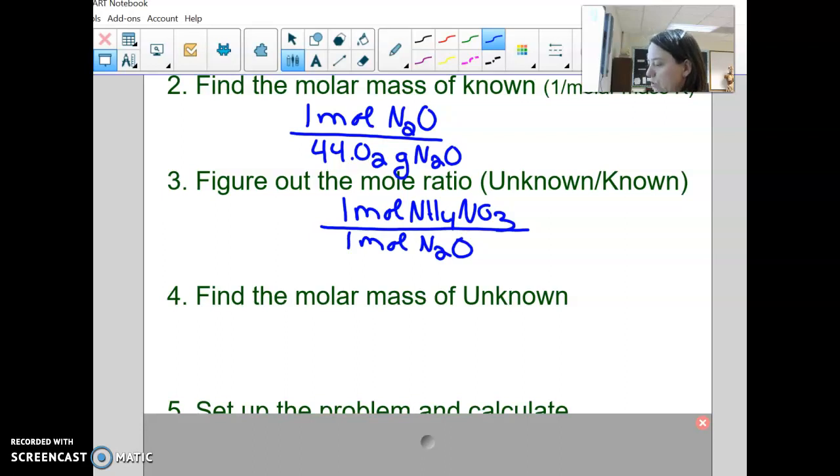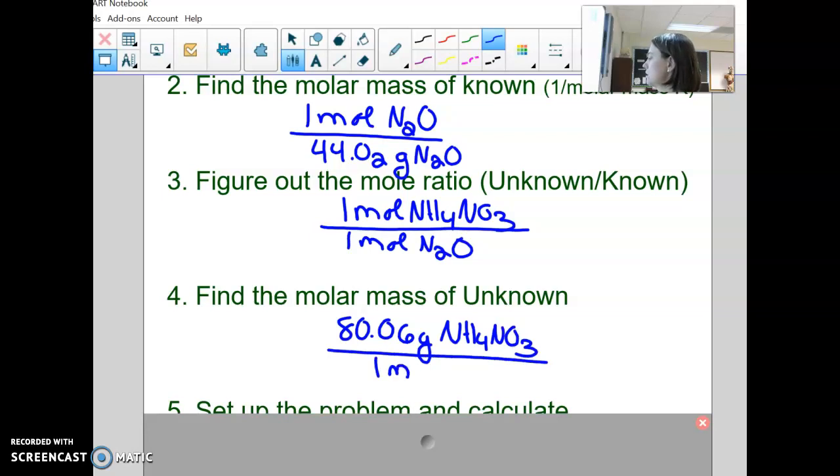So we have, again, 2 nitrogen, so 14.01 times 2, plus we have 3 oxygens, 16 times 3, plus we have 4 hydrogens, 1.01 times 4, for a grand total of 80.06 grams of ammonium nitrate over 1 mole ammonium nitrate.